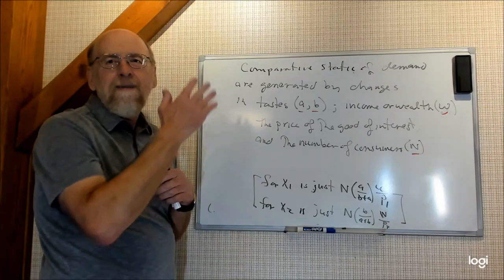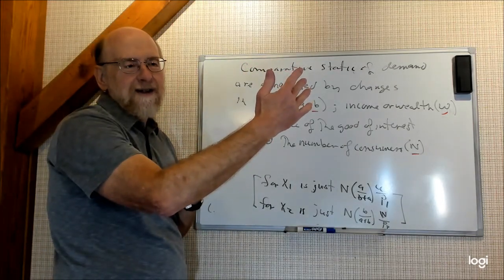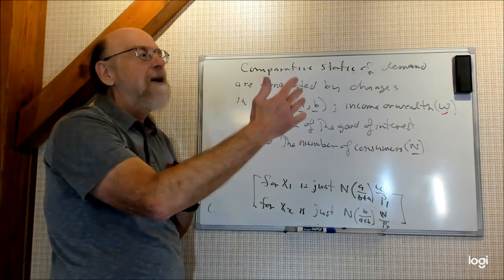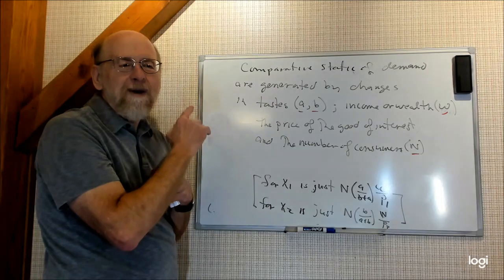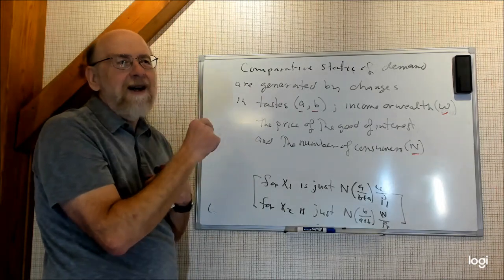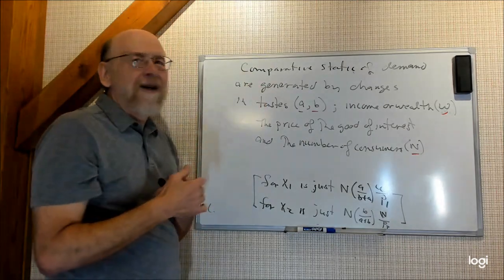That will tell us something about the direction the demand curve moves. Does it shift out? Is the derivative positive? Or does it shift back? Is the derivative negative? So we use derivatives in this case not to find a choice, but to see how changes in a parameter affect choices.